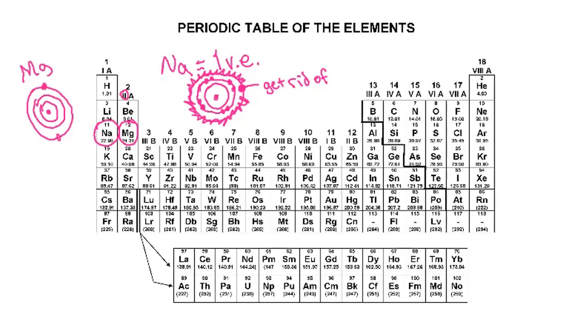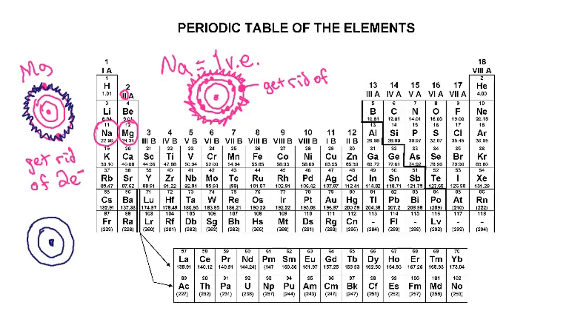So magnesium wants to get rid of the 2 electrons from its outer shell, so we can just get rid of the entire outer layer there because it has no electrons if it gets rid of the 2, and we'll just be left with 2 energy layers.